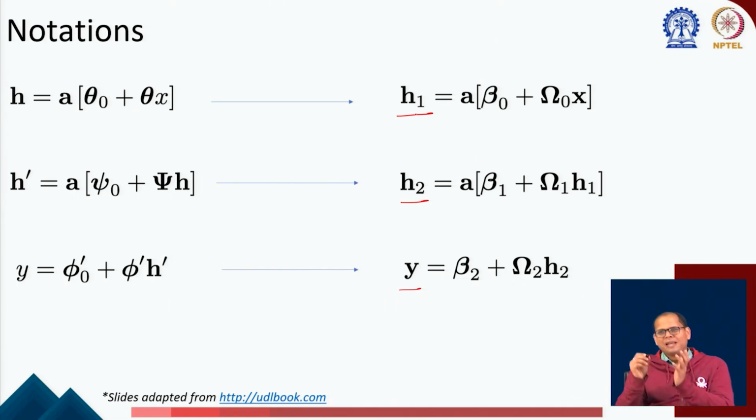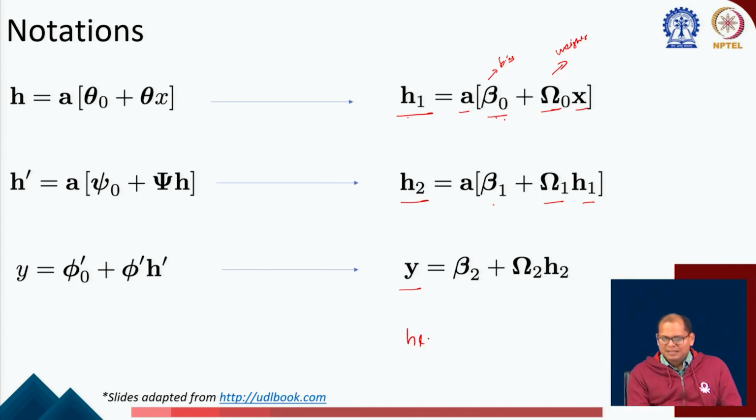Now, every time h i I will say h relu over beta i minus 1, that is you start with beta naught plus omega. Omega is your parameters for the weights, right, beta is the bias, and these are your weights, right. And first time h1 you will get beta naught plus omega naught input, next time it will be beta 1 plus omega 1 the previous activations h1, and so on. For any number of layers you can keep on reusing these notation.